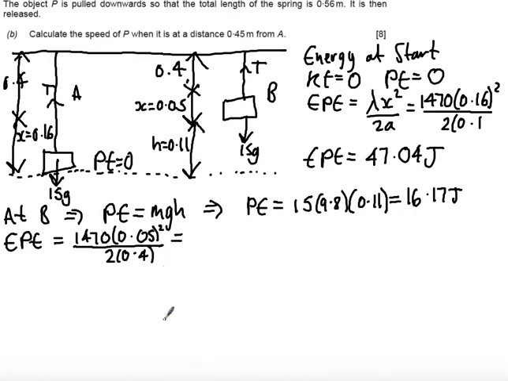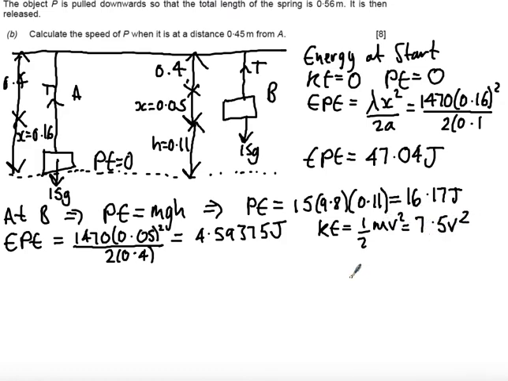When we calculate this, we get 4.59375 joules. Finally, at B, we have kinetic energy, which equals a half mv squared. We're going to do a half times 15, which is 7.5, and we don't know the v. The whole point of the question is I'm looking to find the velocity or speed of that object at that point.